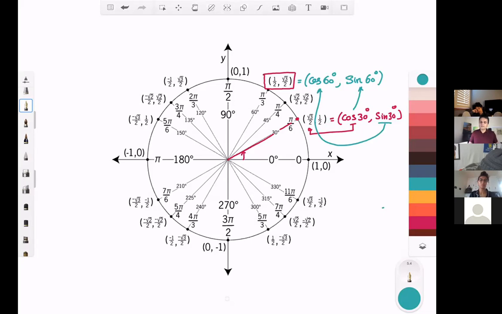All right, so what's happening here? Can you guys tell me, true or false? Is sine of 60 degrees equal to cosine of 30 degrees?